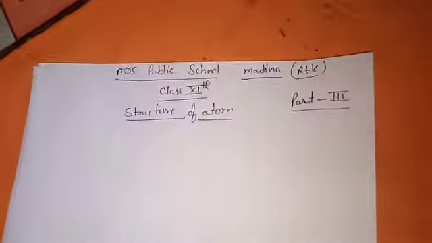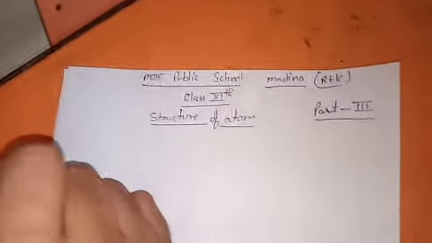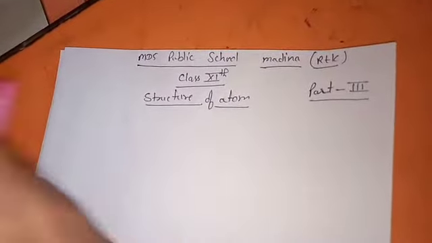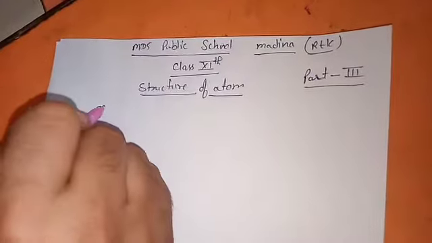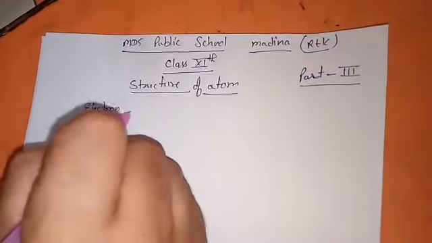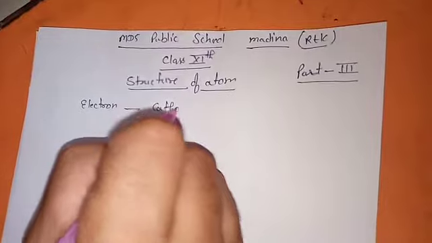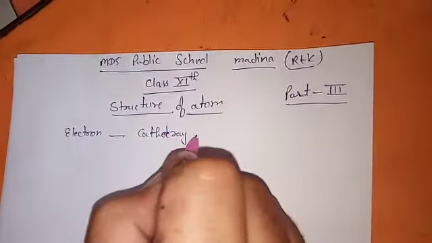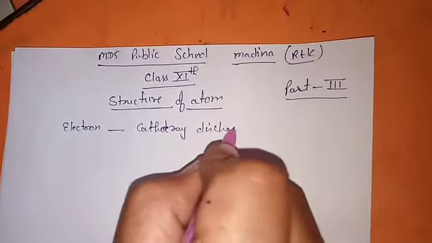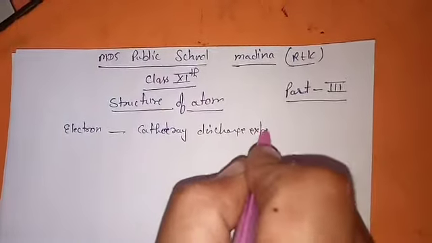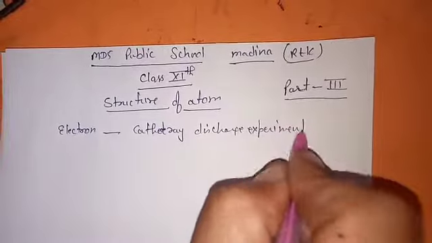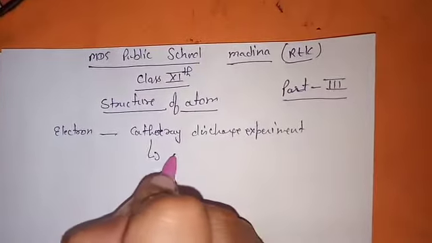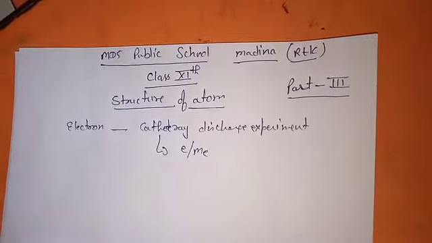In our chapter Structure of Atom, we studied how micro particles like the electron were researched, by the cathode ray, or cathode ray discharge tube experiment. The same experiment was used by Thomson to find the charge by mass ratio.